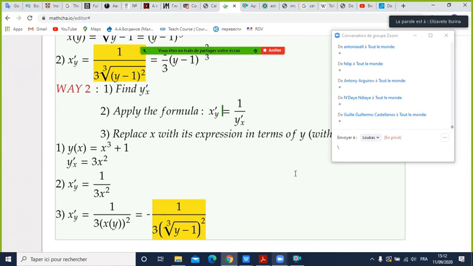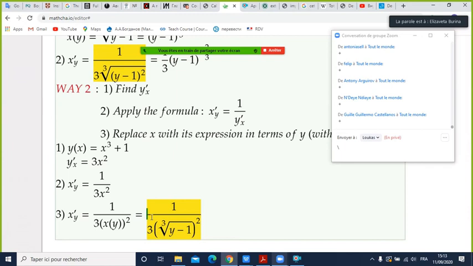So the thing is, even if you use this way too, you have to find an inverse. You cannot find the final answer, so the derivative of x with respect to y in terms of y, you cannot get it without finding this expression of the inverse.